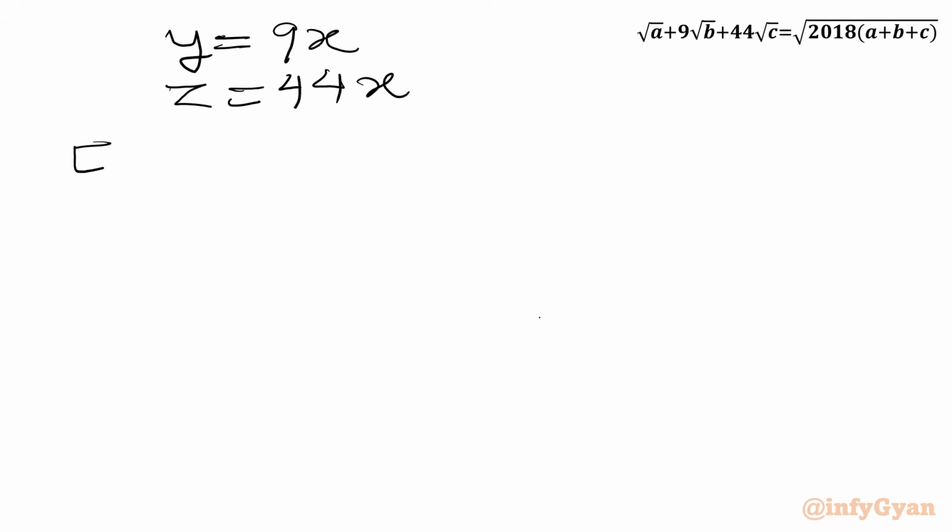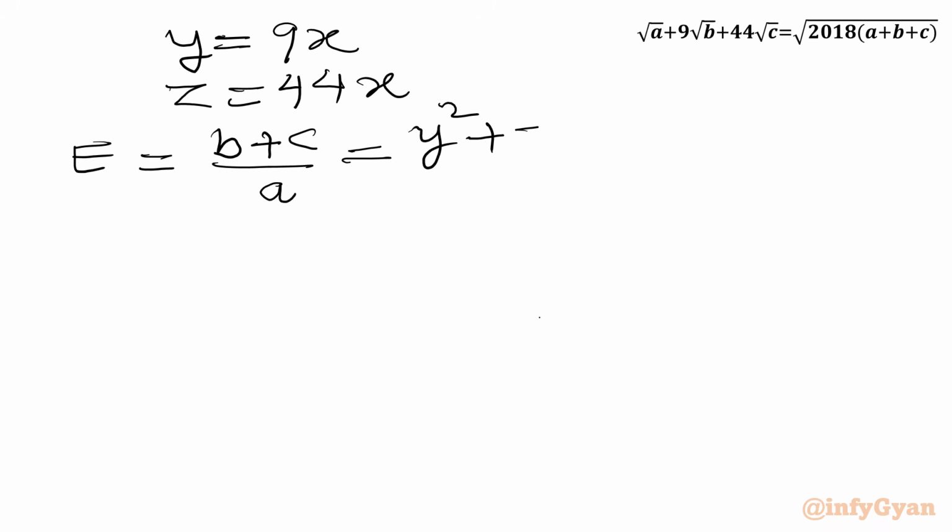We will write E equal to (b + c) over a. B is y², c is z², and a is x².